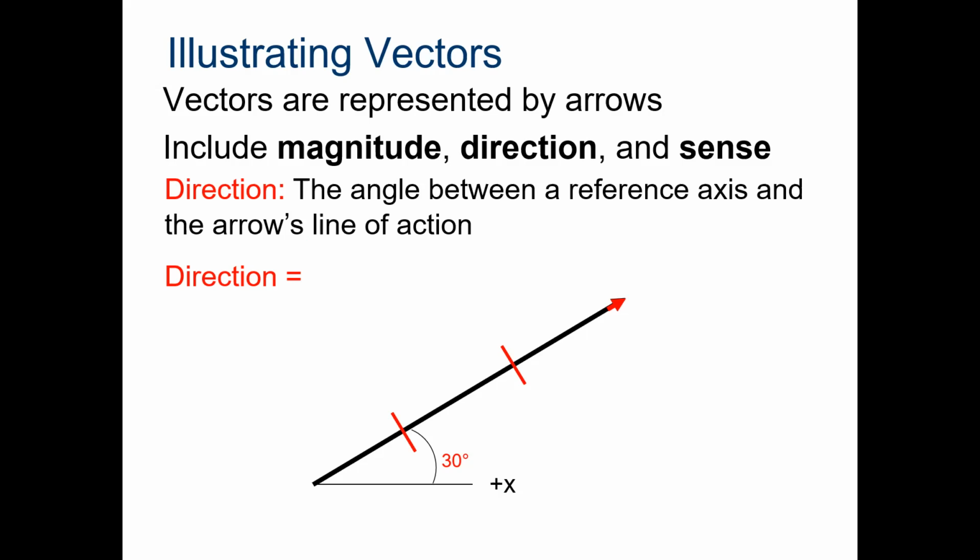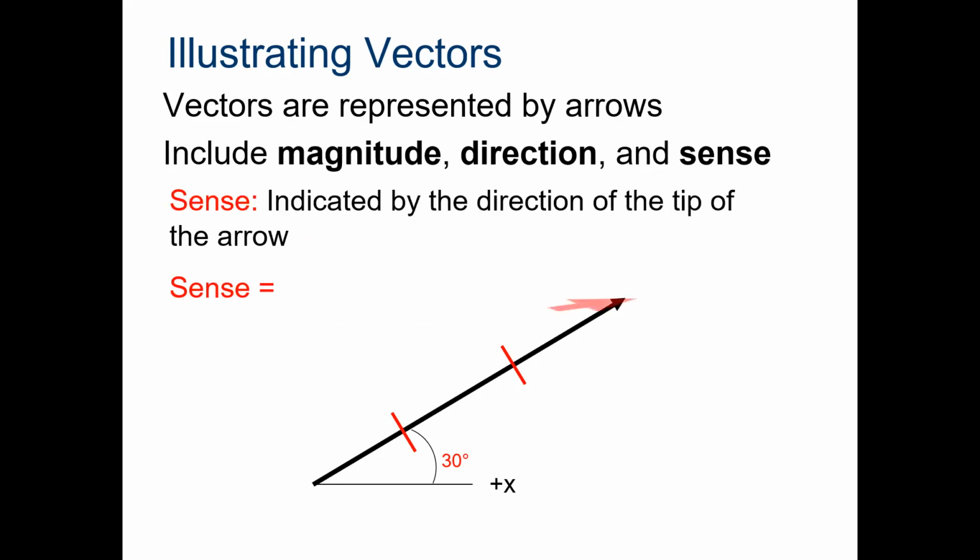Vectors not only have magnitude and direction, but they also have sense. Sense can be kind of confusing. It's very easy to naturally think that sense is direction, but it's different.